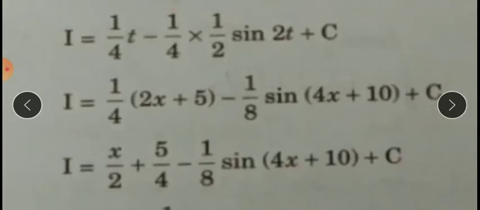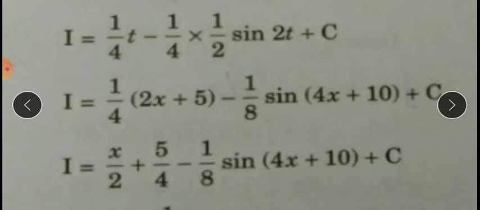Now substituting the value of t, I is equal to 1 upon 4, where the value of t is under bracket 2x plus 5, minus 1 upon 8 sin of 2 into (2x plus 5), multiplied by 2, we are getting 4x plus 10, plus integration constant.